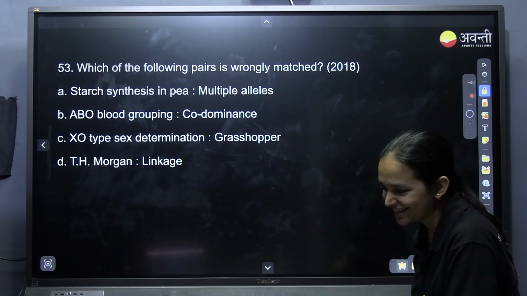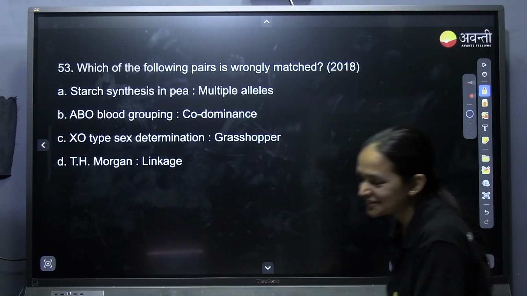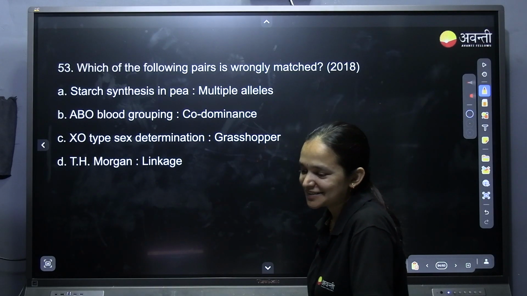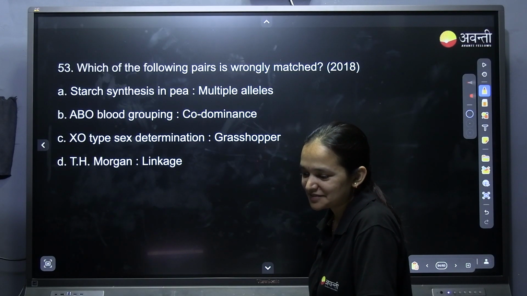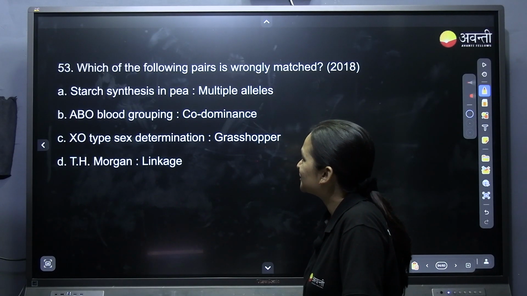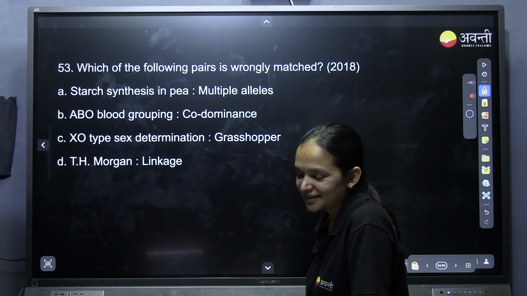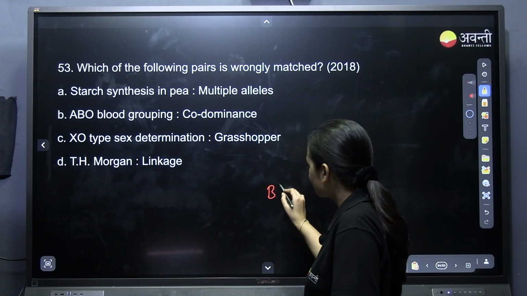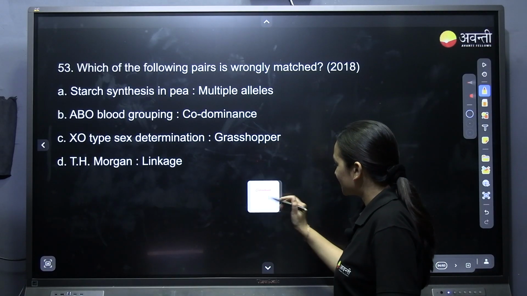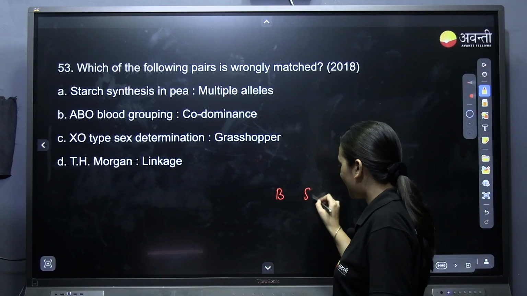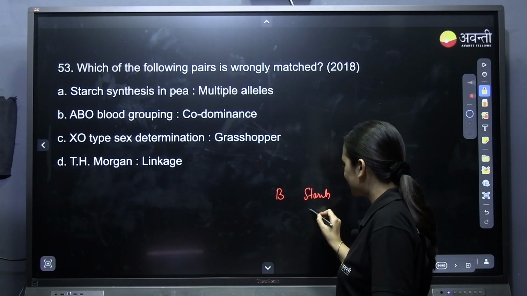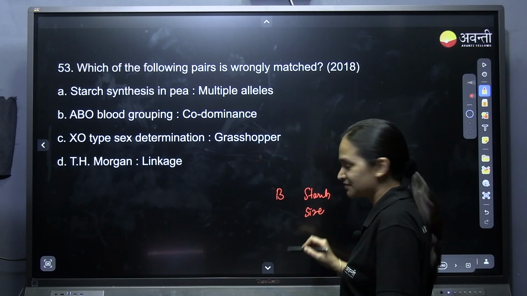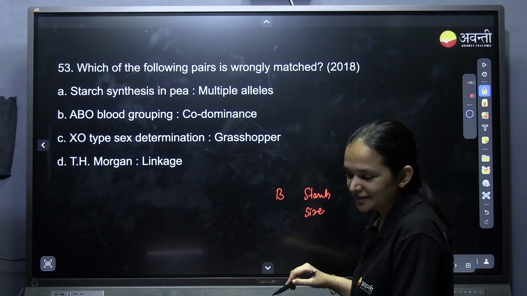Pleiotropy. What do you mean by pleiotropy? Tell me, Sakshi. A single gene expresses many characters. Yeah. So which is that gene which is giving different characteristics or phenotypes to the pea plant? If you see the B gene, then starch, then size, then shape.